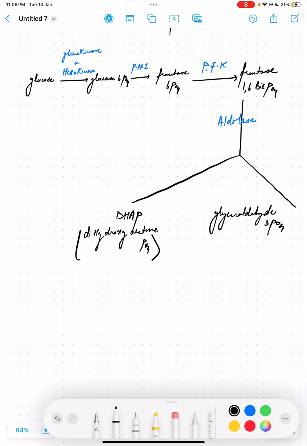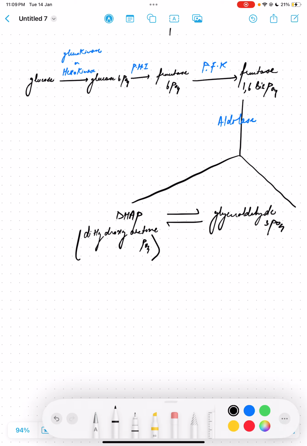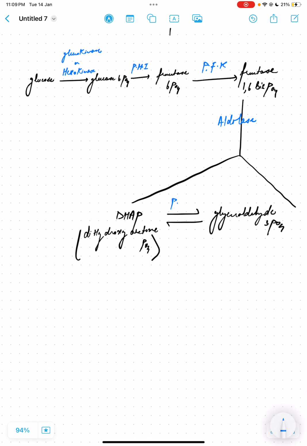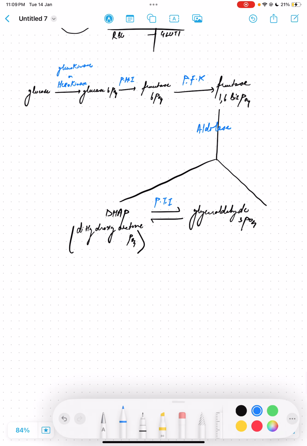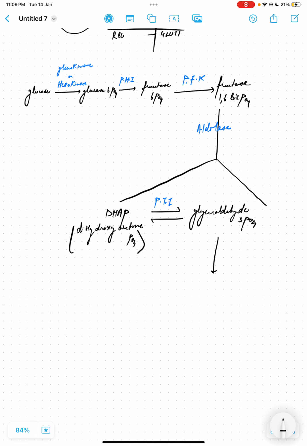So this DHAP and the glyceraldehyde 3-phosphate have interconversion with the help of phosphotriose isomerase. Then this glyceraldehyde 3-phosphate will convert into 1,3-bisphosphoglycerate.